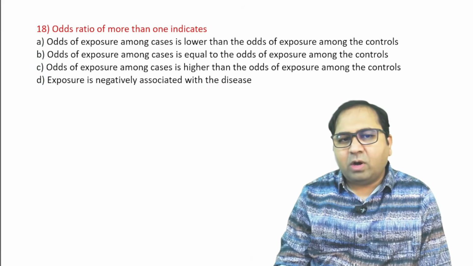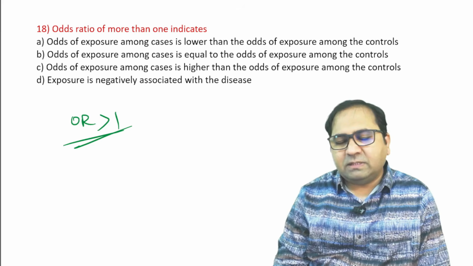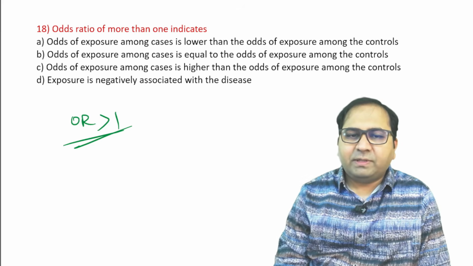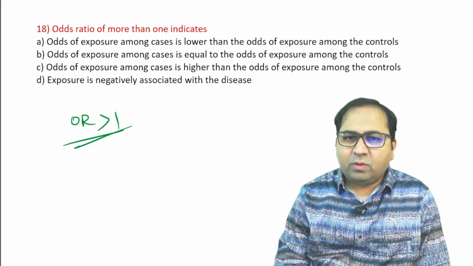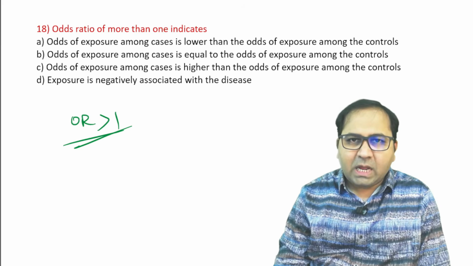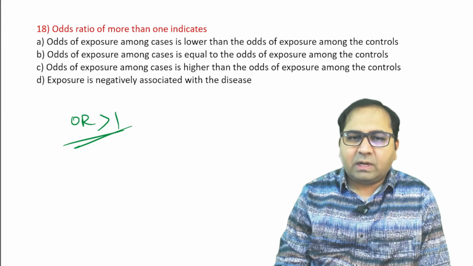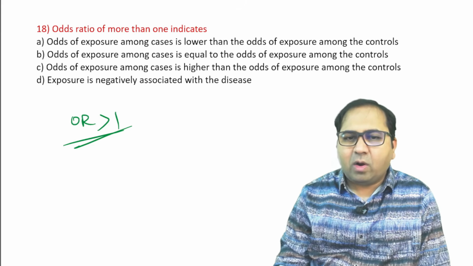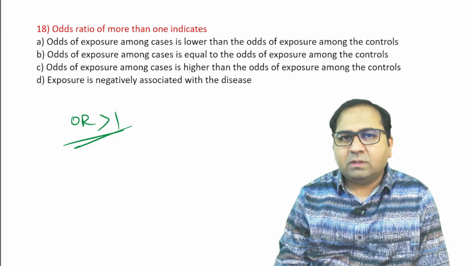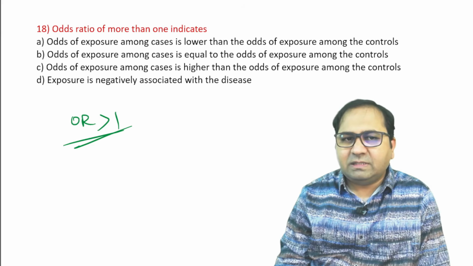Next question. Odds ratio of more than 1 indicates what? Options are A, odds of exposure among cases is lower than odds of exposure among the controls, or B, odds of exposure among the cases is equal to the odds of exposure among the controls, or C, odds of exposure among the cases is higher than odds of exposure among the controls, or option D, the exposure is negatively associated with the disease.